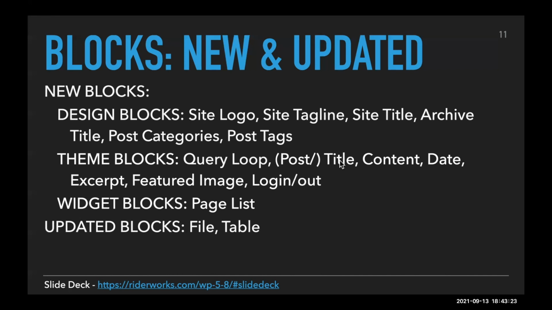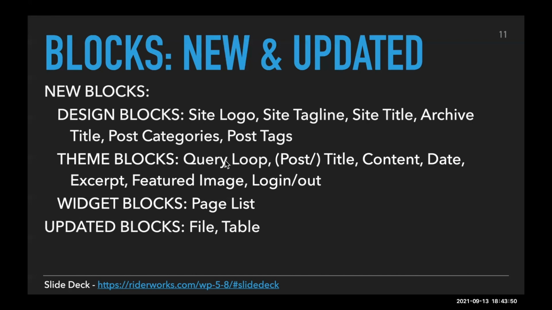You don't have to retype it, and anytime you change the title of the page, it'll just appear. It dynamically goes out and finds what it should be. Like the featured image, there's a featured image block. You can drop that in and the featured image will show wherever you want it to be. They also have content, date, excerpt, log in and log out. These are all related to this query loop, and we'll talk about what that is.